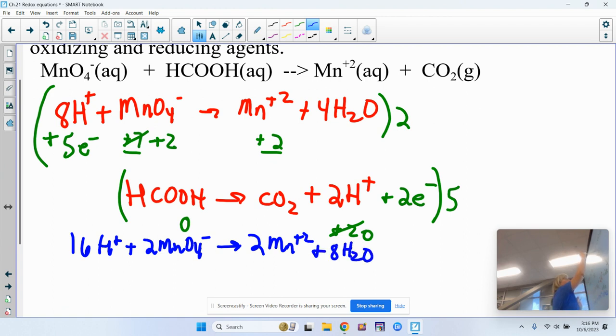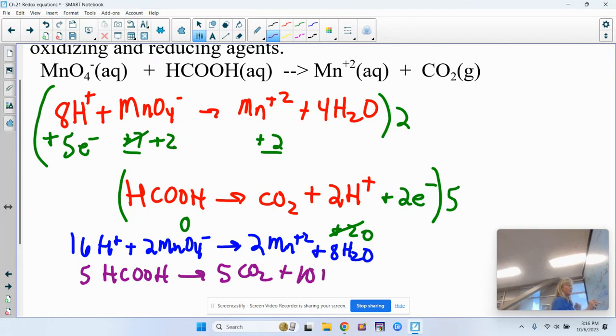And then I'll do the other one in a different color. Multiplying that one by 5, I'll get 5 HCOOH goes to 5 CO2, plus 10 H+, 10 electrons.